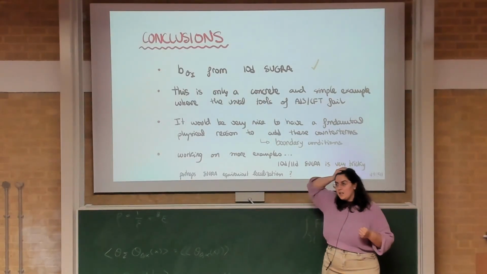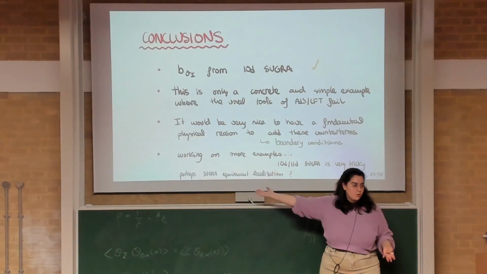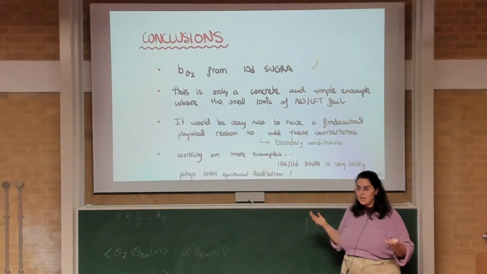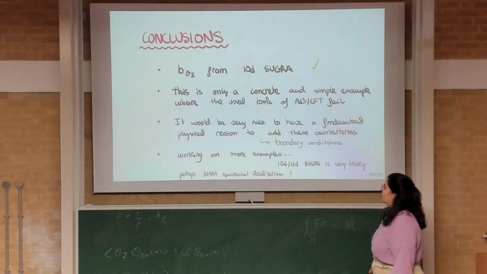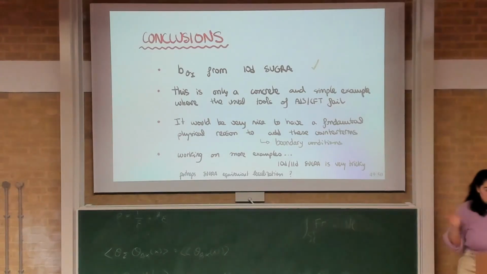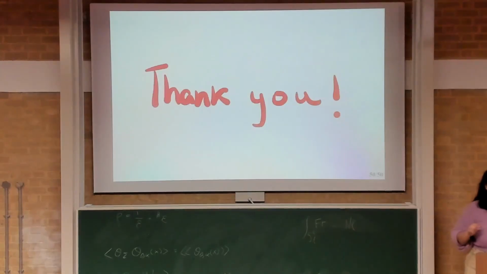But I think they only know how to do it up to dimension 7. It would be really good if we could do something like that for the 10-dimensional action. Maybe it works, but I don't know how to do it, and I think they also don't know how to do it in 10 dimensions. And thank you.